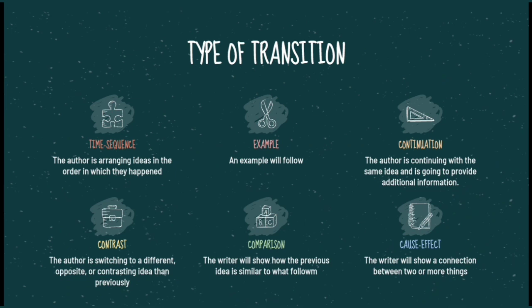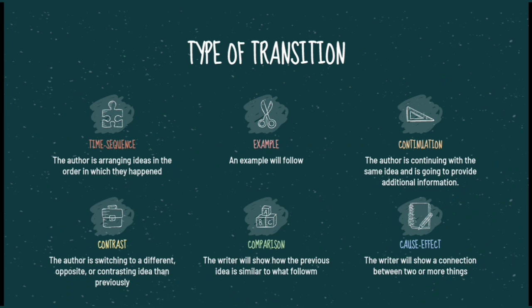The next is continuation. The author is continuing with the same idea and is going to provide additional information. The examples are also, in addition, further, and another. The next is contrast. The author is switching to a different, opposite, or contrasting idea than previously.